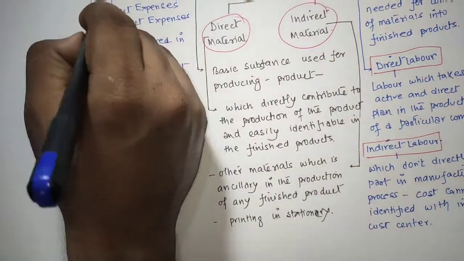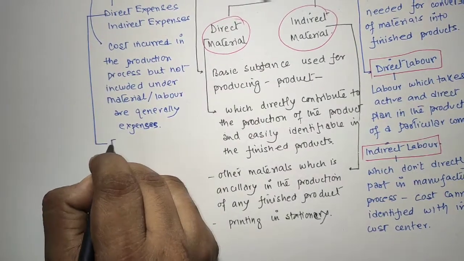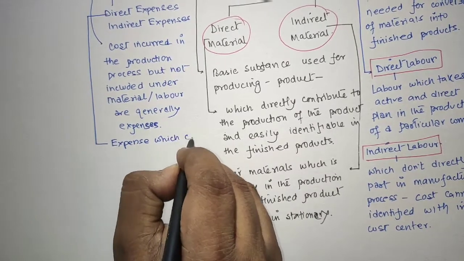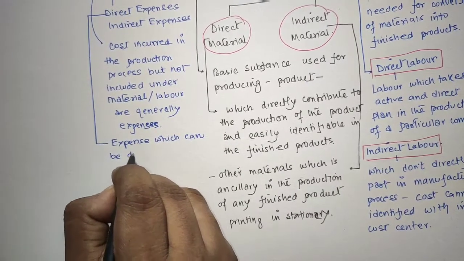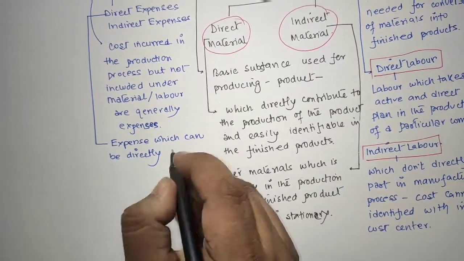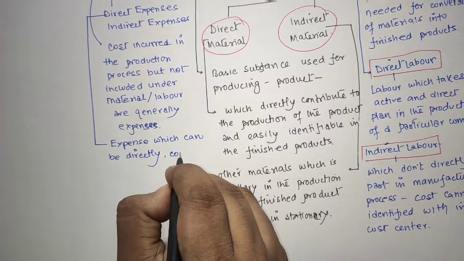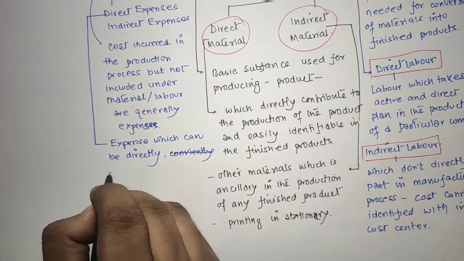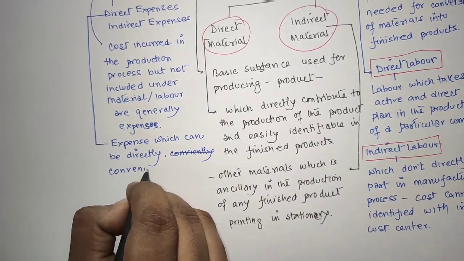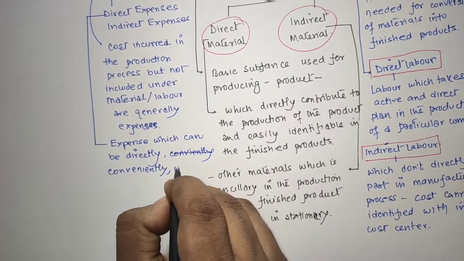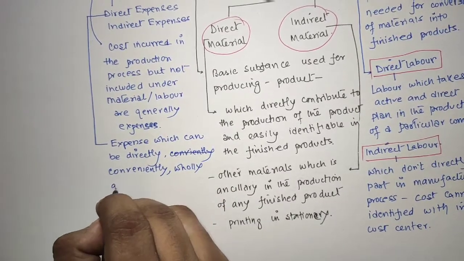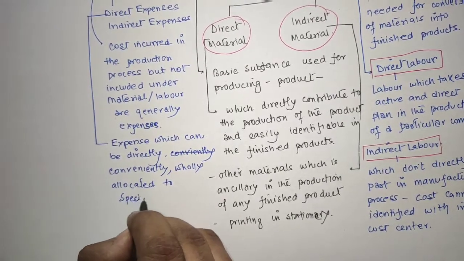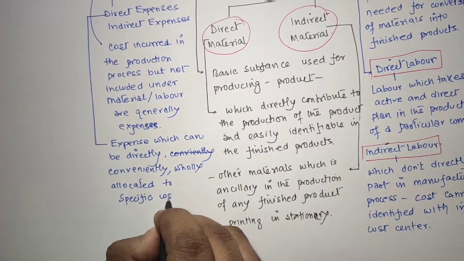Okay, direct expenses are the expenses which can be directly, conveniently, and wholly allocated to a specific cost center.